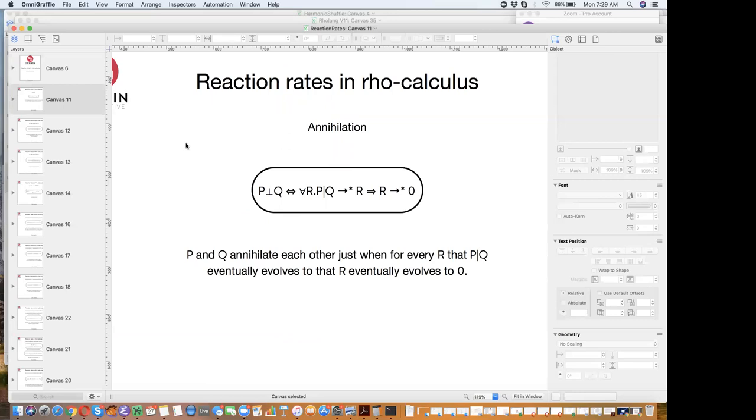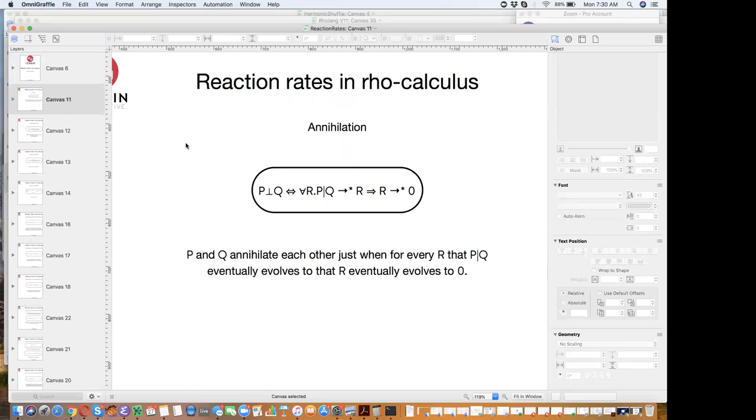I'll just introduce this notion of annihilation, which is really easy to understand if you just think about it intuitively. We say that two rho calculus processes annihilate each other just if you put them in par and they can eventually get to some process R, then that process eventually gets to 0. And the little formula on the page describes that in symbols.